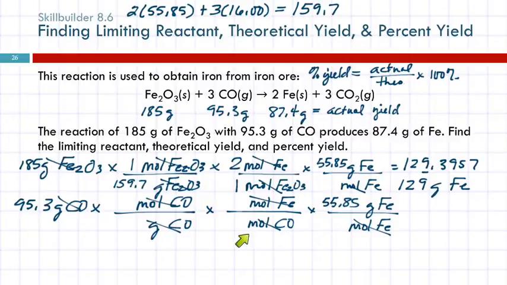Middle term, we're going to go up here, 3 in front of CO, 2 in front of iron. Need to calculate the molar mass of carbon monoxide, the mass of carbon plus the mass of oxygen, 28.01.